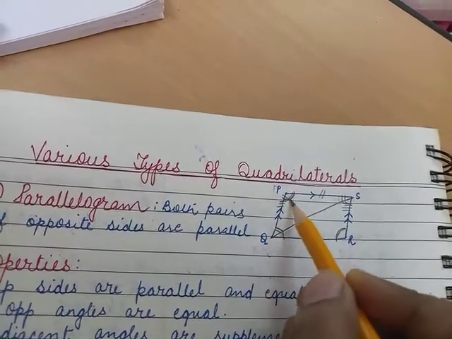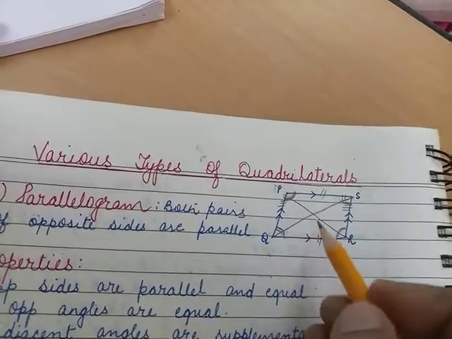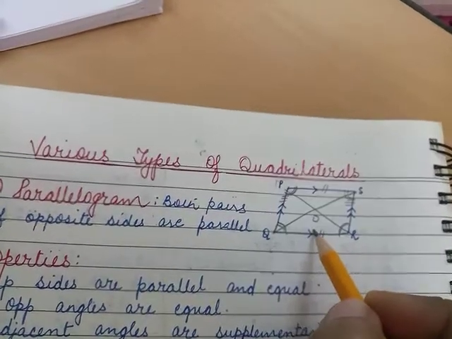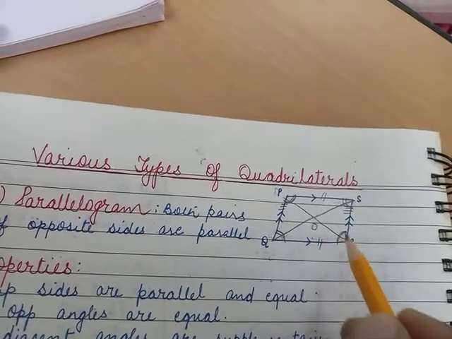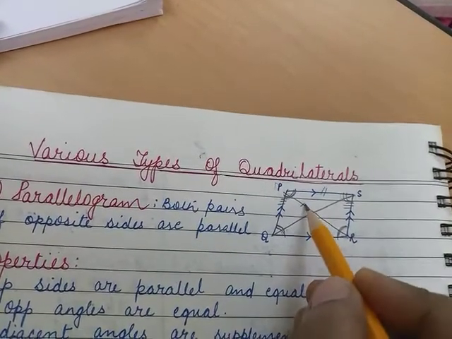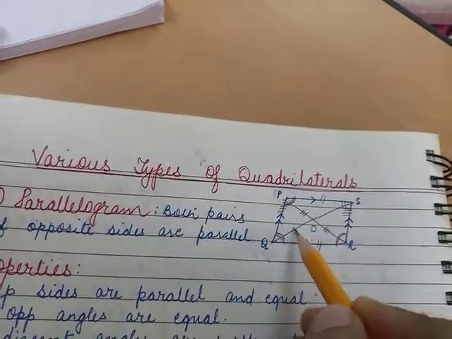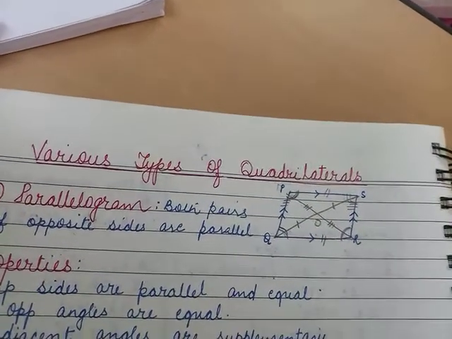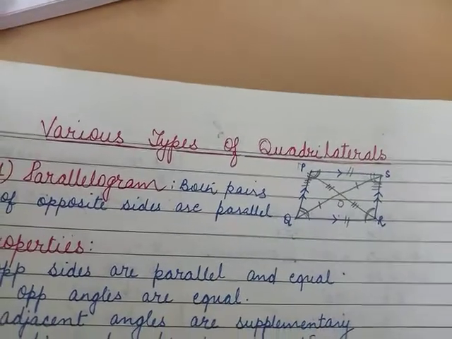If we draw another diagonal, the two diagonals intersect at a point, which I named O. Then PO and OR are equal, and OQ and OS are equal. So these are the properties of a parallelogram.